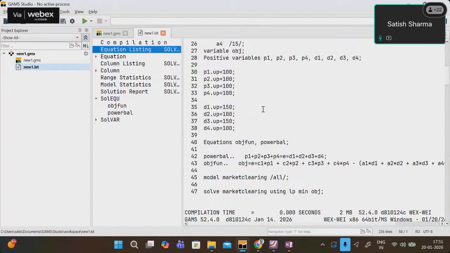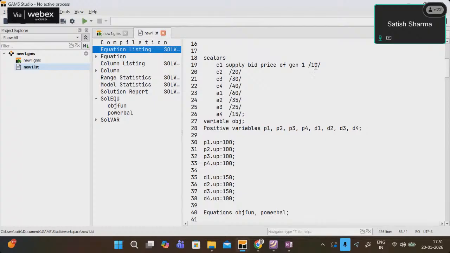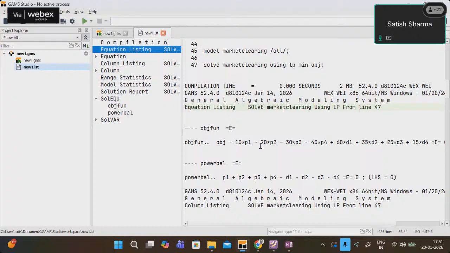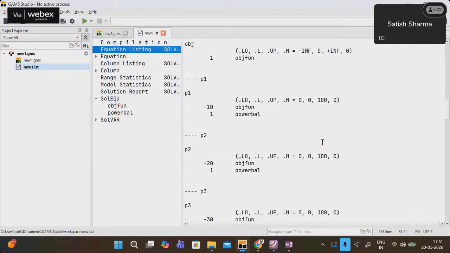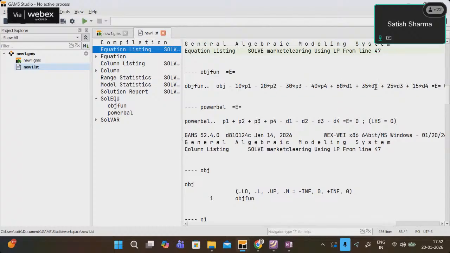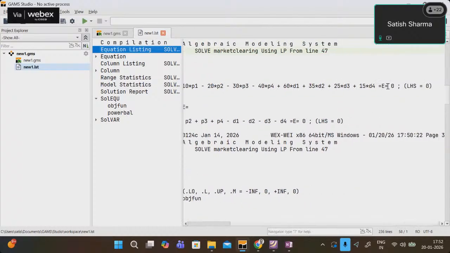So c1 is already given, c1 is equal to 10. So 10 p1, 20 p2, 30 p3, 40 p4, everything will be brought to one single side. So this objective is minus 10 p1 minus 20, everything is brought to one particular side, the objective function, plus this, and you can see it is equal to 0. So this is equation 1.